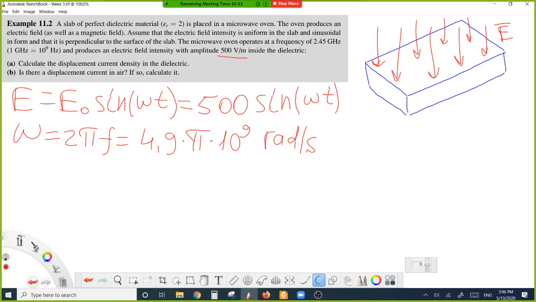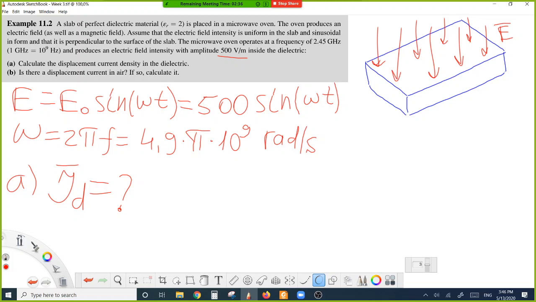First question is A. Calculate the displacement current density inside the dielectric.